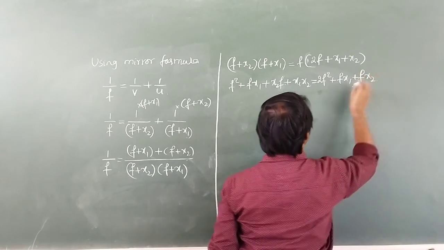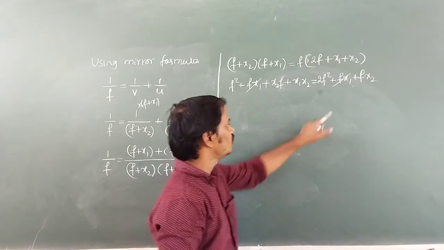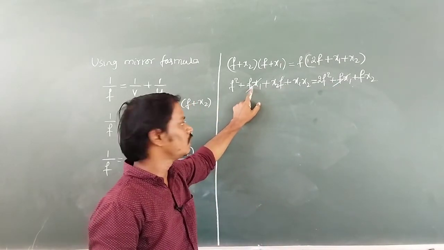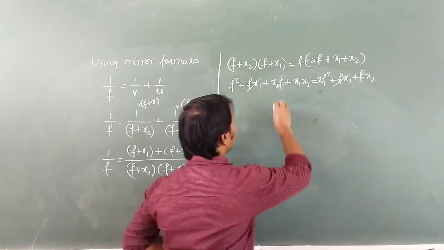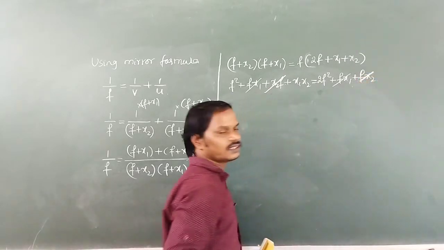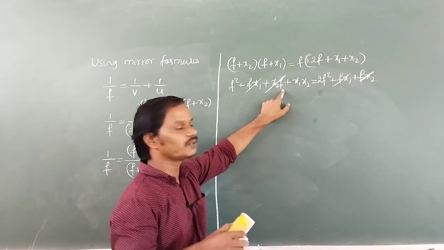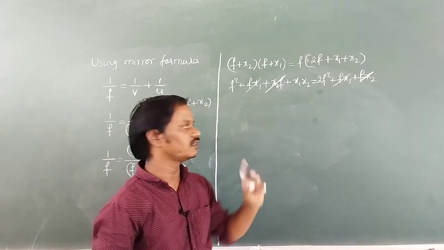See here, f x1 gets cancelled, because if this f x1 is taken to the left hand side, it becomes minus f x1, so plus f x1 minus f x1 cancels, and plus f x2 and here plus f x2 cancel, because if this plus f x2 is taken to the left hand side, it becomes minus f x2.